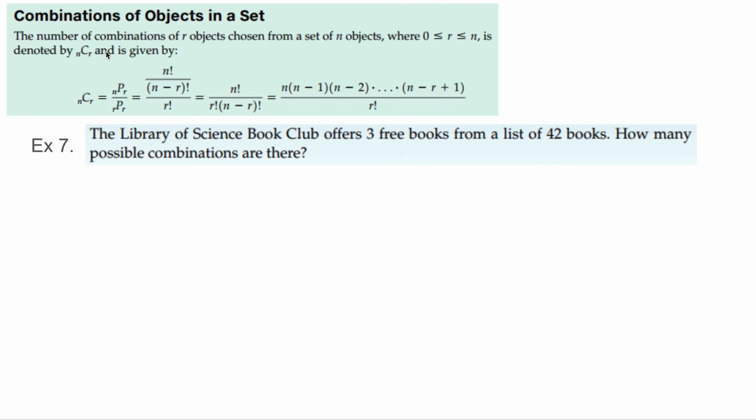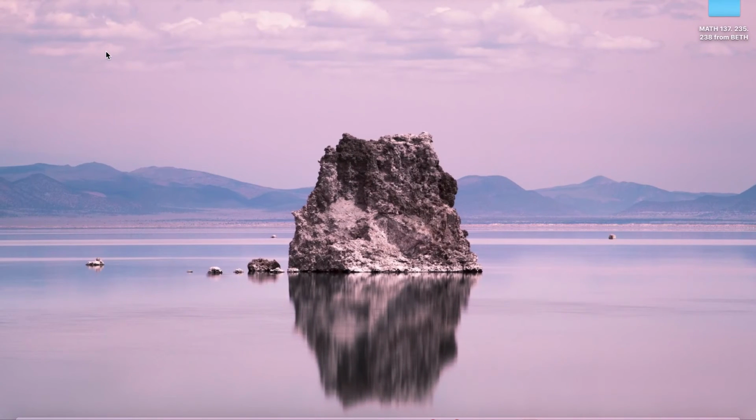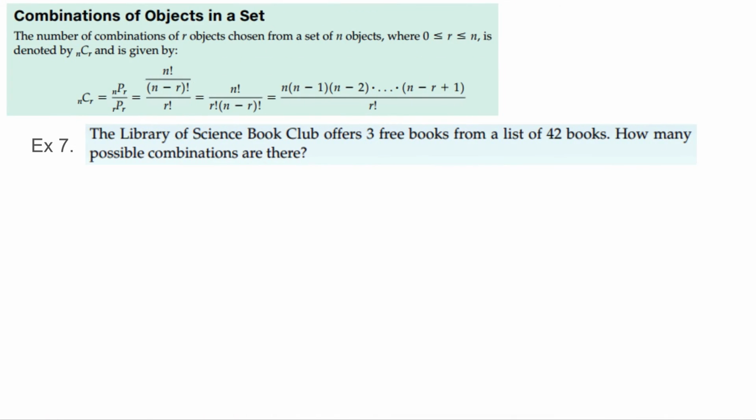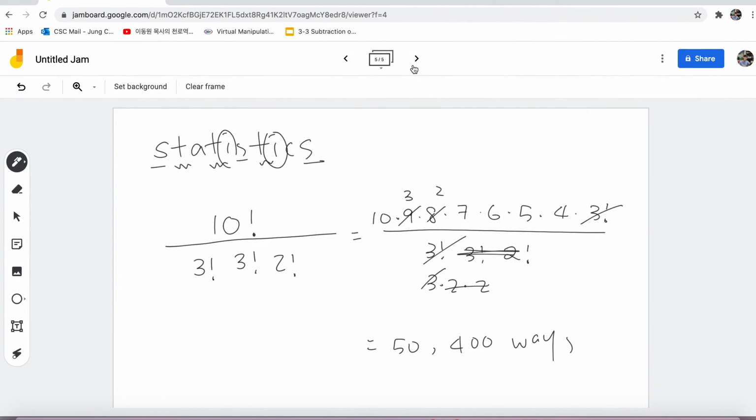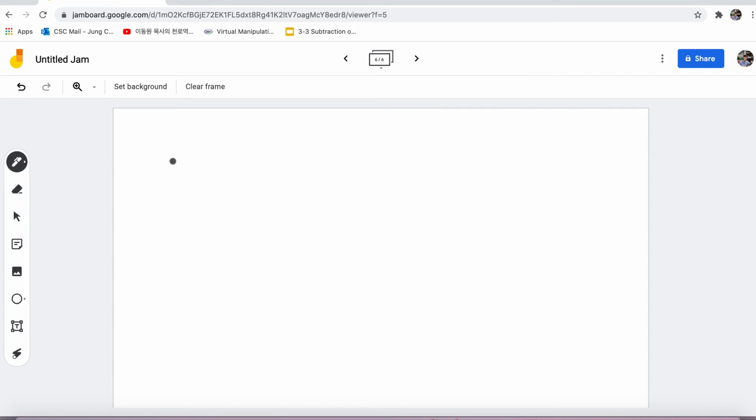So let's think about whether order is important or not. You are choosing just 3 books, so order doesn't matter, right? So we know we're going to use a combination. Out of 42 books, we are choosing 3 books.